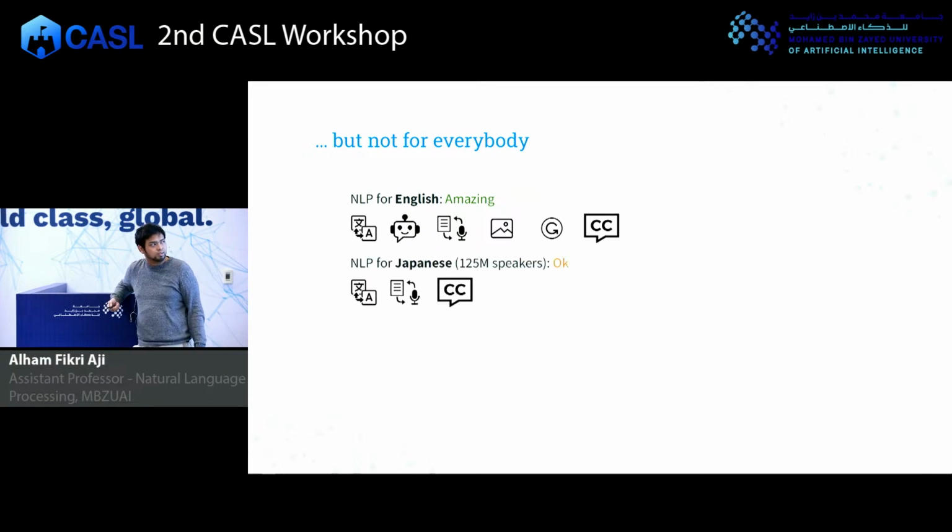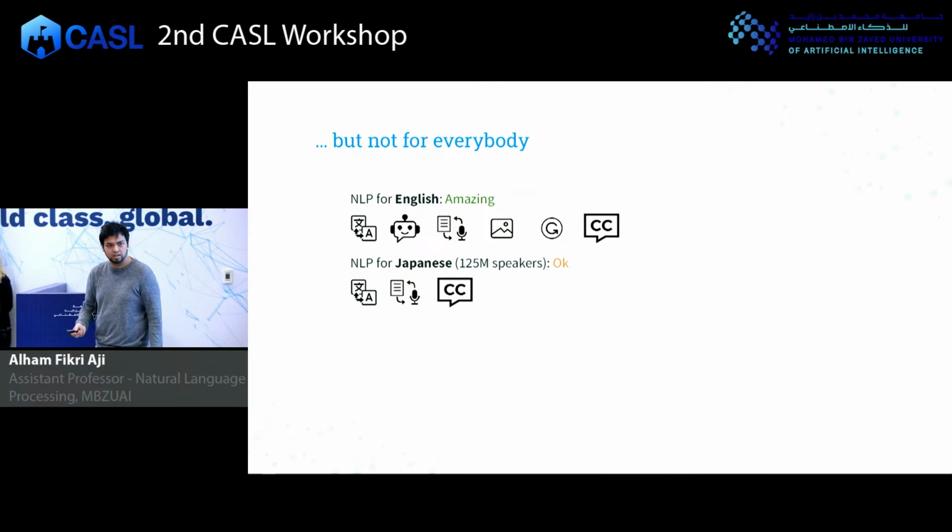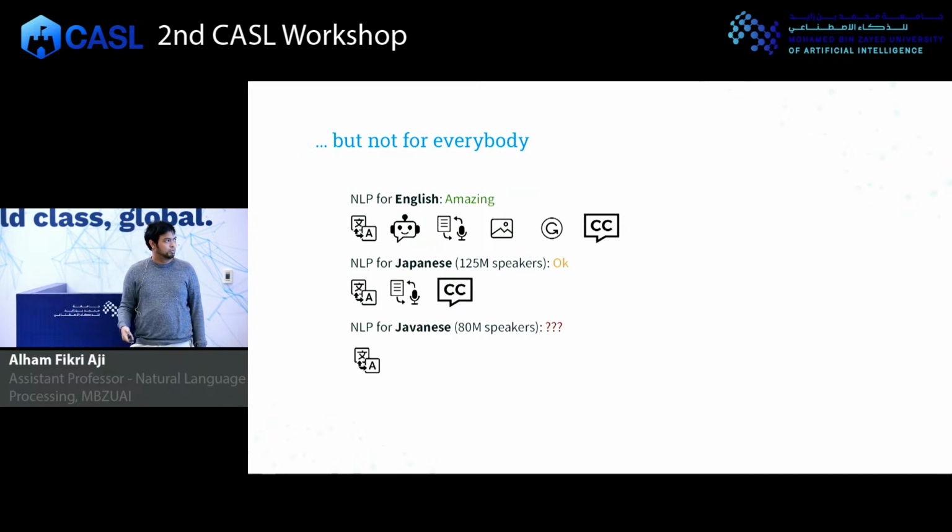But then let's consider the Japanese language, for example. We have more than 100 million speakers. In terms of NLP technology, we are missing a few components, right? And for the components that we do have, the quality is usually not as good as English, right? But then let's introduce another language, which is Javanese.